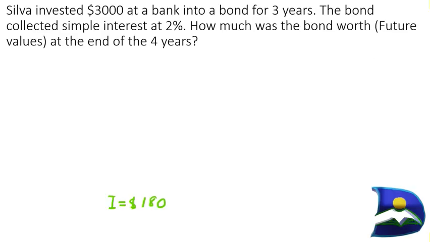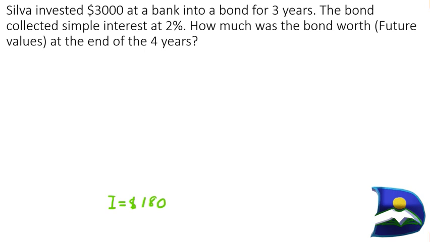And here we have another question which involves Silva actually investing $3,000 at the bank into a bond for 3 years, and the bond collected simple interest of 2%. The question asks how much the bond was worth, which is the future value at the end of the 4 years.